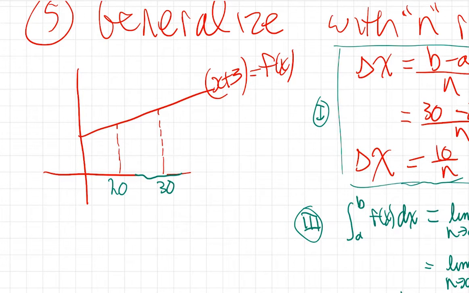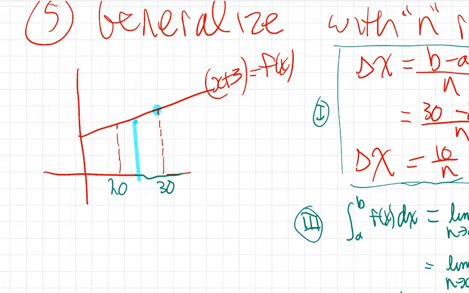Now, if I, for example, did have just one rectangle, and it was a right-sided rectangle, that's what the rectangle would look like, right? And so that would introduce this overestimate in area here, right? So what if I got rid of that and I did two rectangles?